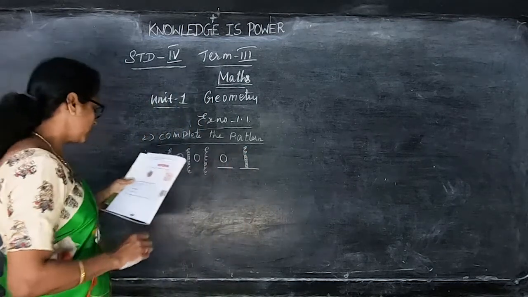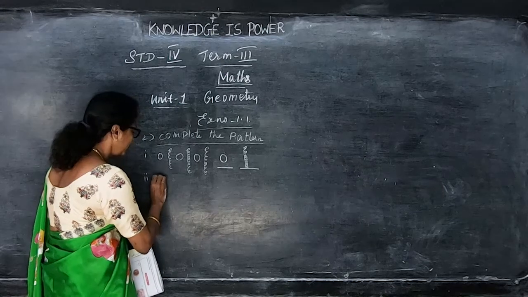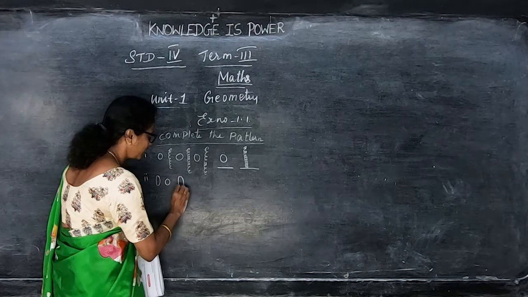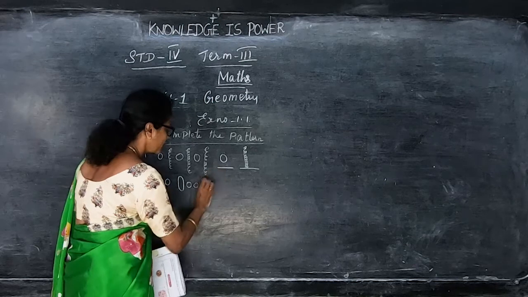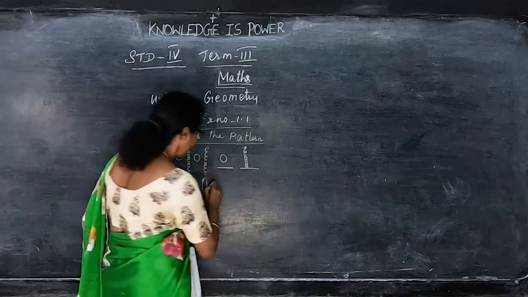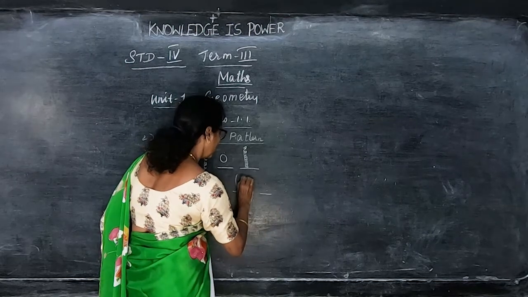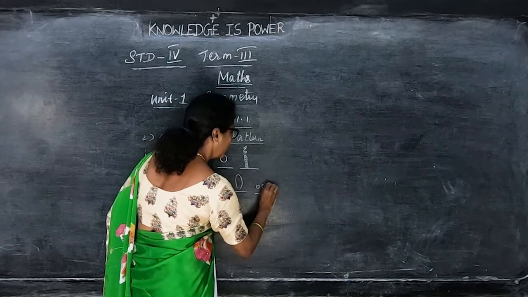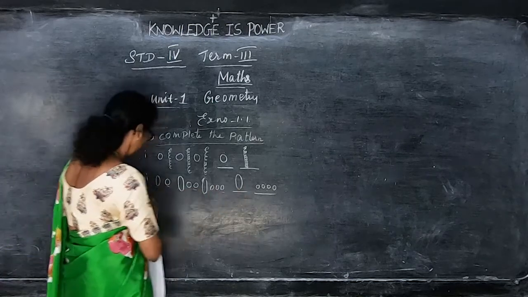When the shape is given like that, here oval shape, then one circle, one oval shape, two circles, then again oval shape, again oval shapes. How many circles? In the dash, you put an oval shape and circles in increasing order: 1 2 3 4, circles 1 2 3 4.